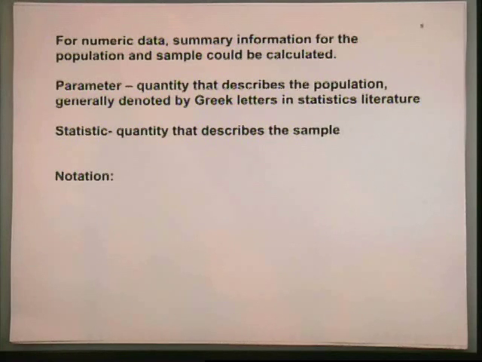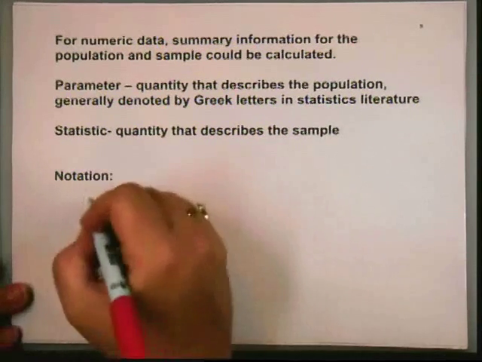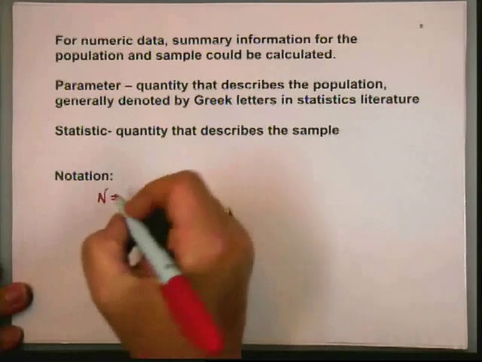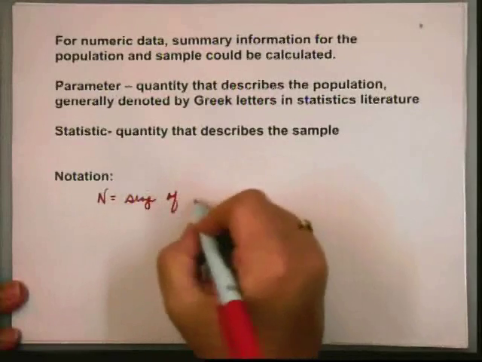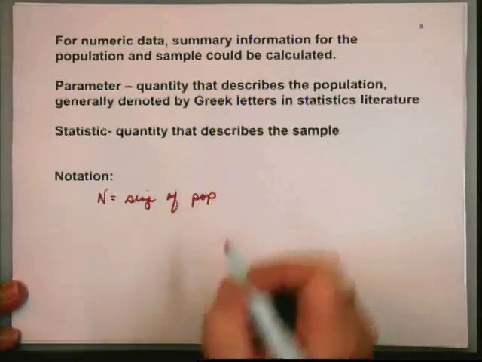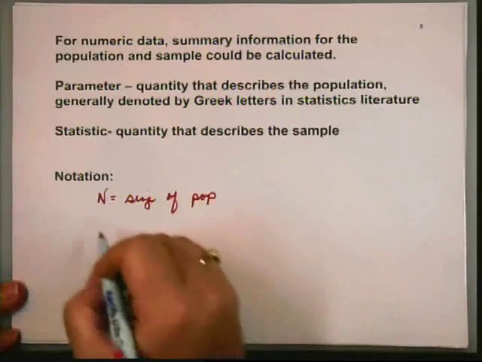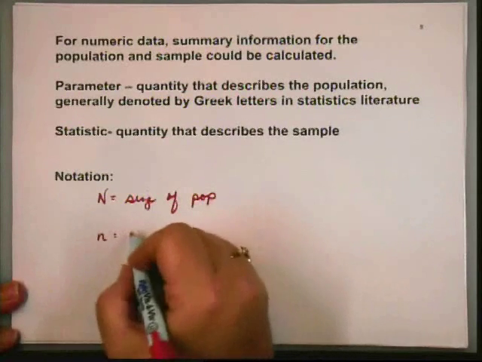Our notation: capital N is the size of the population. Lowercase n is the sample size.